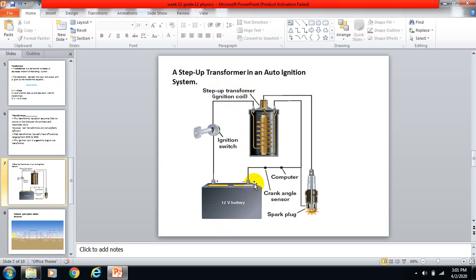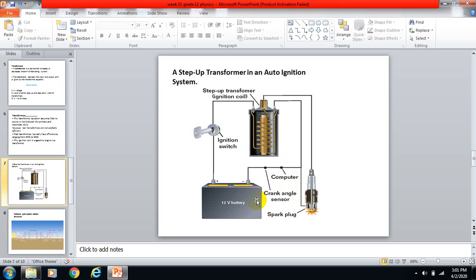We have positive and negative terminals, as usual, on the battery. Then a computer to diagnose and display statistics, like an LED that can show you the meter readings, and crank angle sensors for the negative terminal especially.